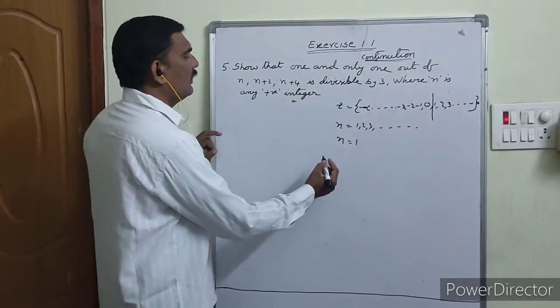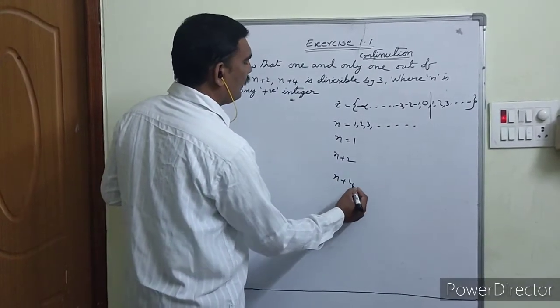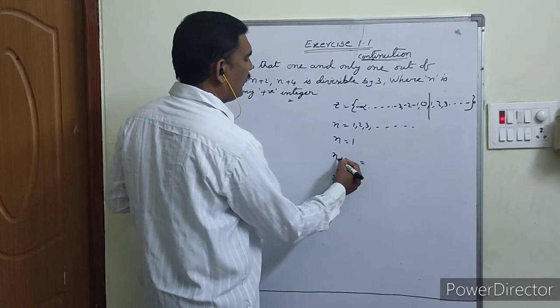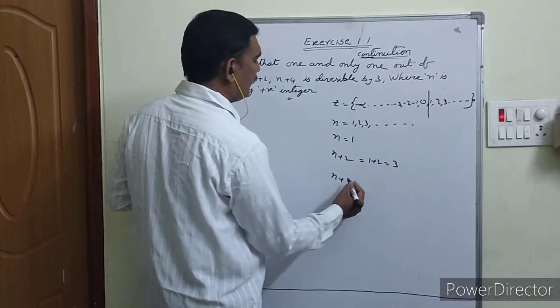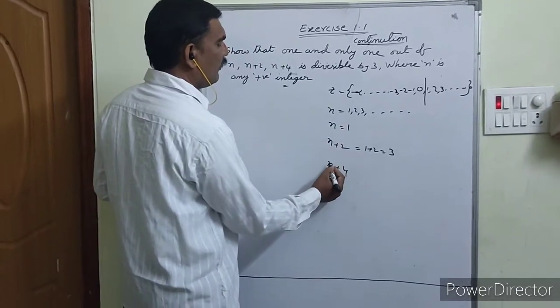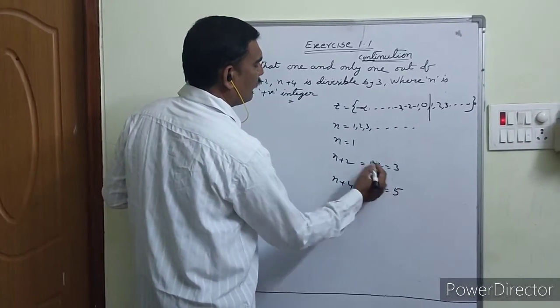If I substitute the n value in n plus 2 and n plus 4, in n plus 2 I am getting 1 plus 2, that is 3. If I substitute n equal to 1 in this one, 1 plus 4, that is 5.